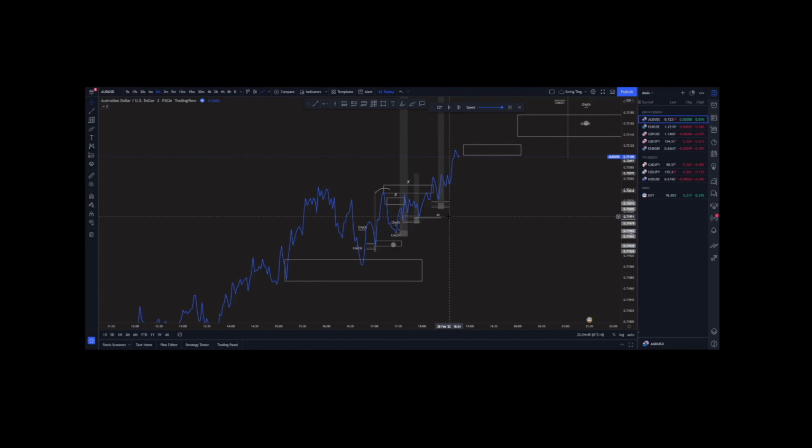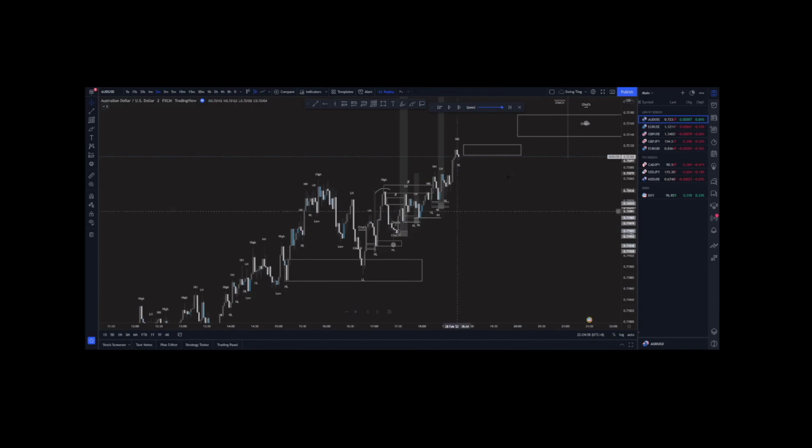And if you're unable to figure out whether price is forming bullish or bearish order flow, I highly suggest you use the line graph tool, and that will give you a clear direction of where price is moving. So the line graph tool is really helpful in terms of looking at what sort of order flow price is forming, and that gives you a great indication of where you can take your mitigations or where mitigations are happening.